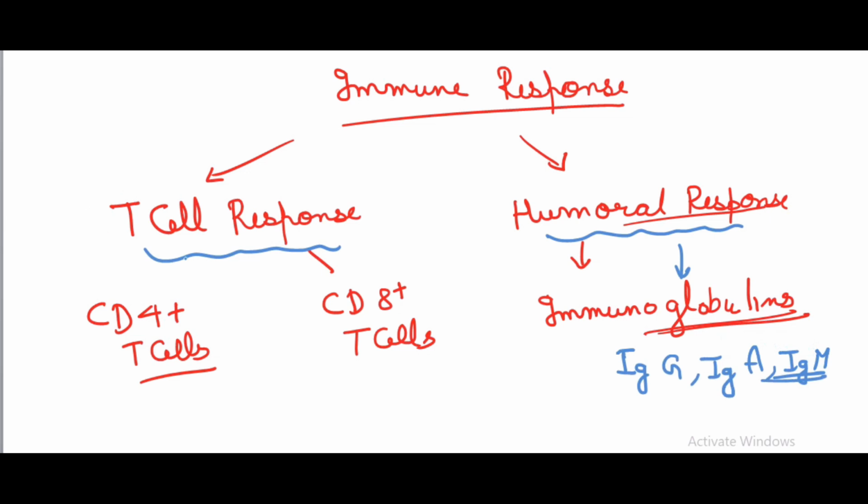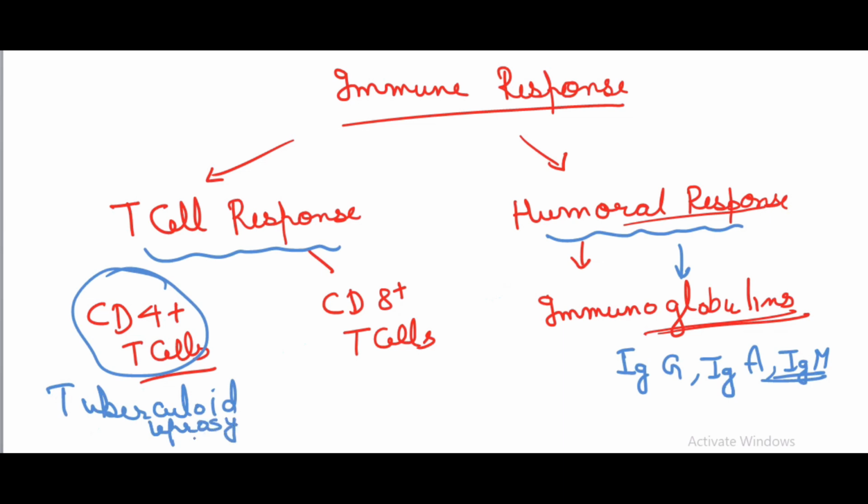Other are the T cell responses. We have CD4 T cells and CD8 T cells. So remember, the tuberculoid leprosy patient predominantly involves the CD4 cells, whereas the lepromatous leprosy shows an excess of CD8 cells.